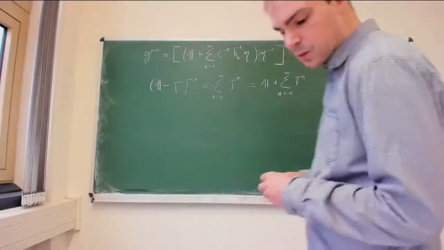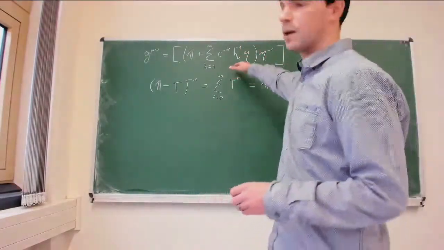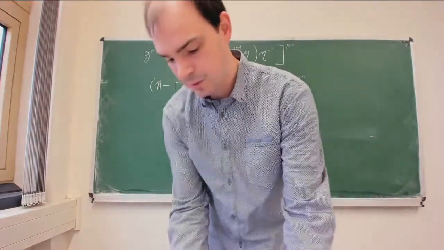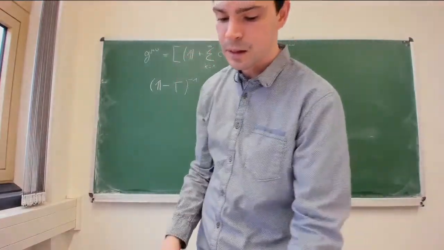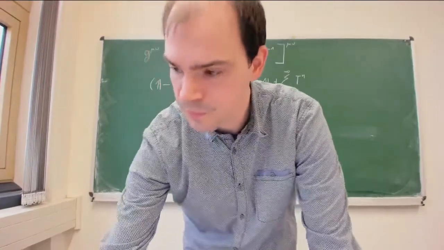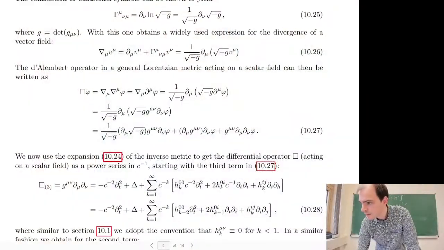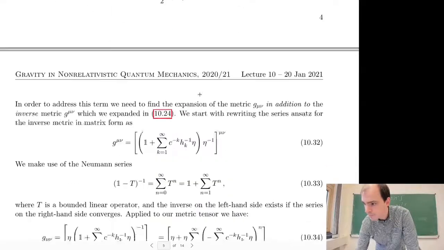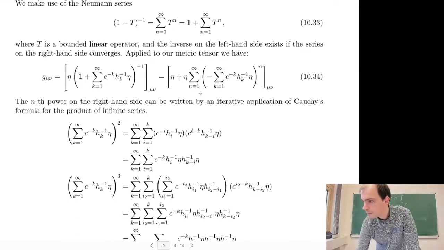And we can now use this to calculate our inverse matrix here. And this leads to the following result. So we insert this into our approach, and we get this expression. So we get eta, that's the one here, plus, and now we have the sum, n equals 1 to infinity.